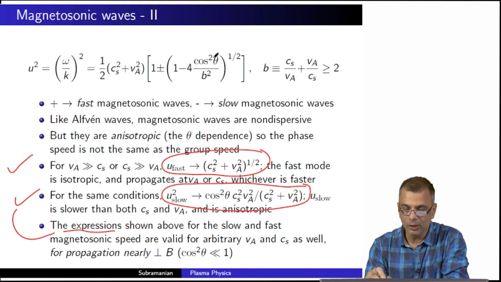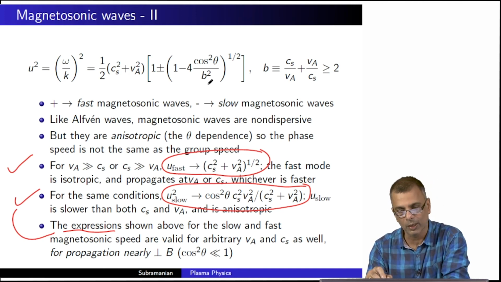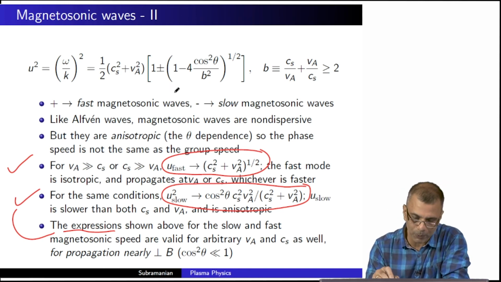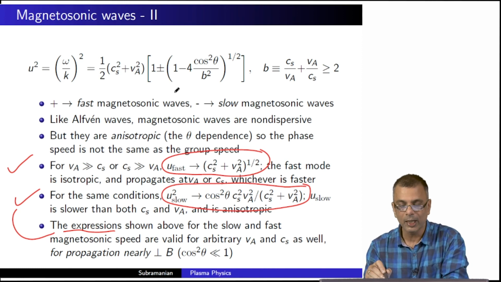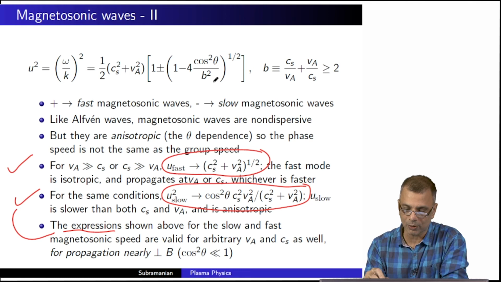In which case you can neglect this entire term multiplying the 4, since it is much smaller than 1. In the case of the fast magnetosonic speed, you could completely neglect it. In case of the slow magnetosonic speed, you take that to be a small parameter for expanding in a binomial expansion.